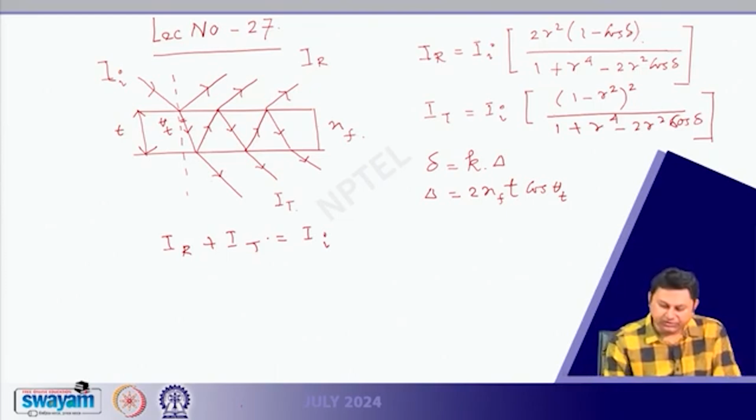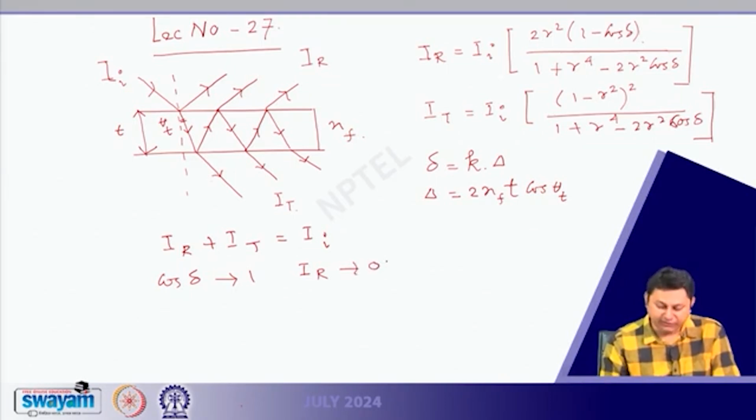From this expression one can see that when cos delta tends to 1, IR tends to 0, it vanishes; the reflected intensity will no longer be there.